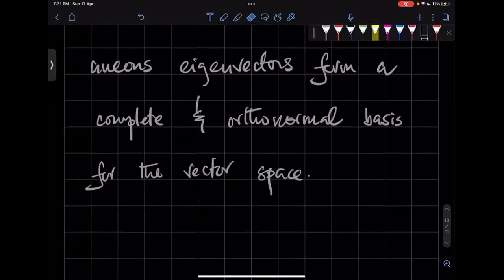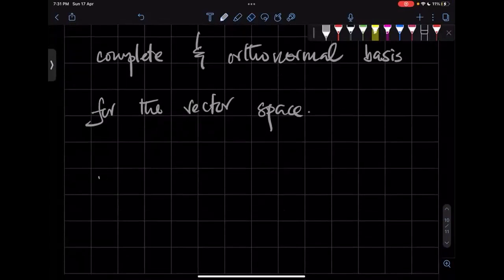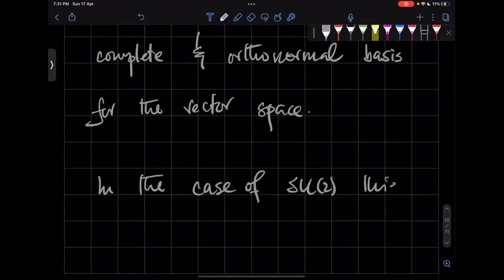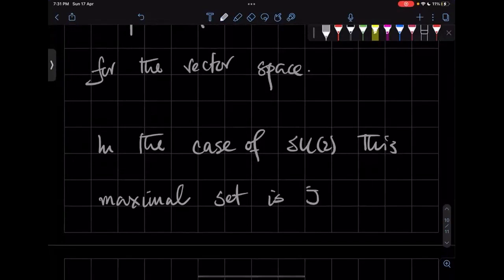So in the case of SU(2), this maximal set is J squared and J3, right? You could have chosen J1 or J2, but J3 is conventional, right?